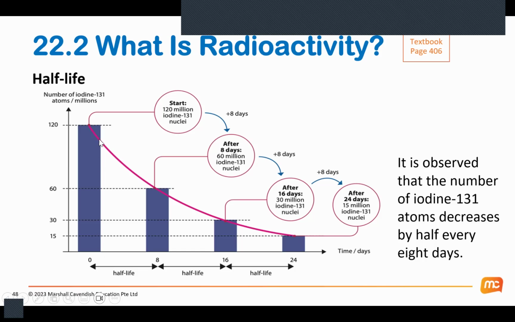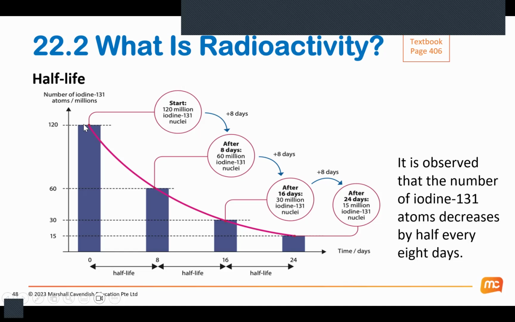This is the number of radioactive nuclei, and this is the time in terms of days. I measure every day, day 1, day 2, day 3, all the way until day 8. I realize that I am only left with 60 nuclei left to decay.